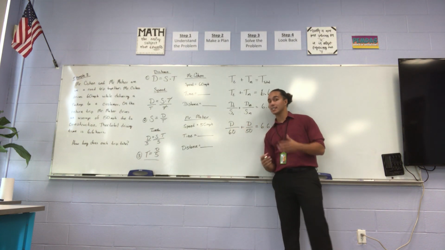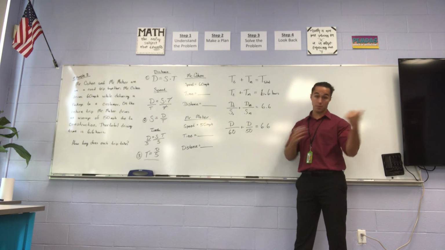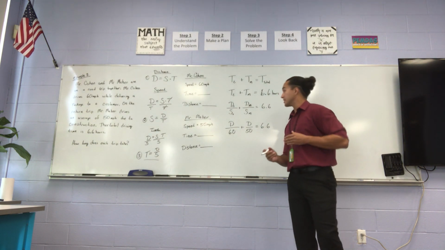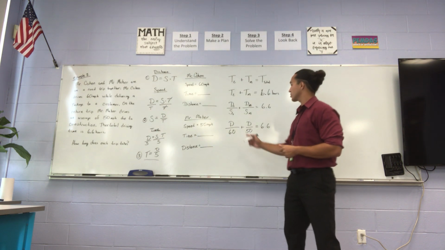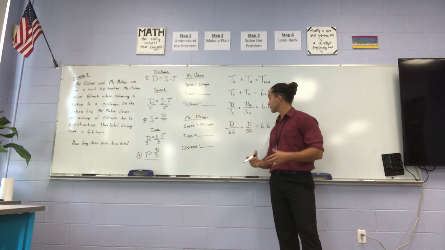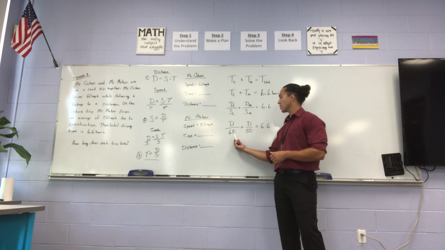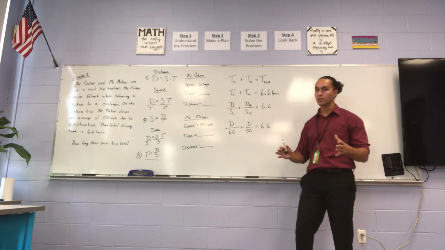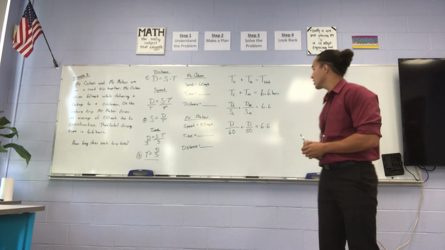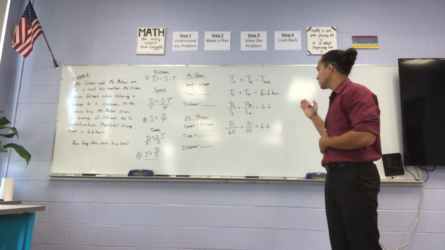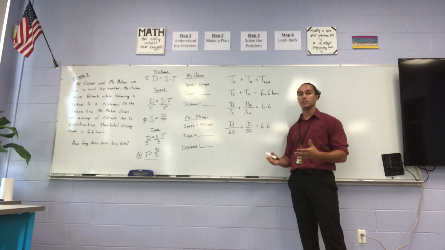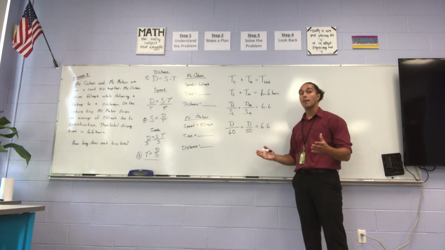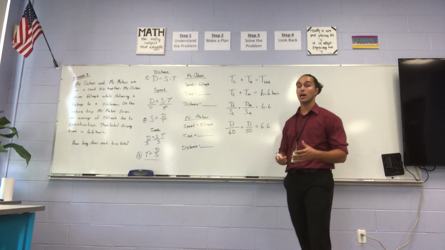Now, what do we know about the distance? We talked about this in past problems as well. The distance going somewhere and the distance coming back on that same path make these two distances the same. So right now we're left with two fractions. I know you're freaking out that there are fractions in a problem, but how do we combine terms using addition with fractions? We have to find our least common denominator.